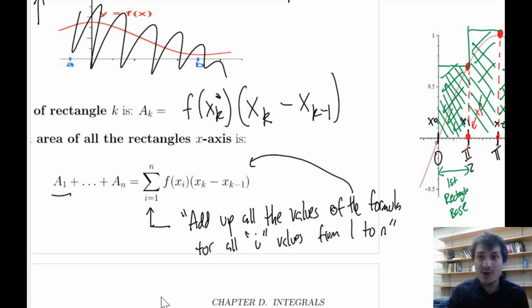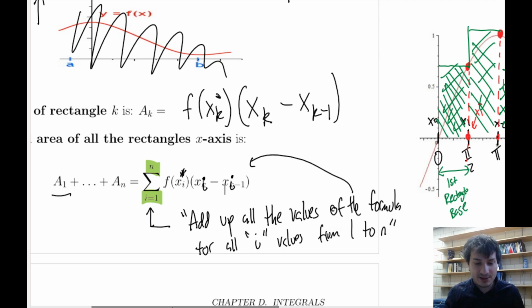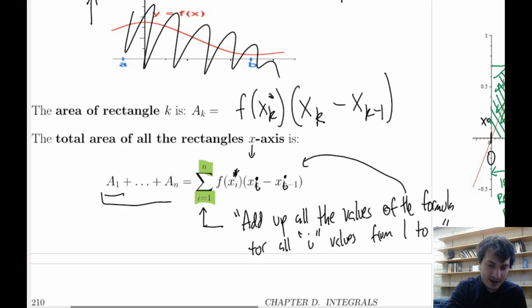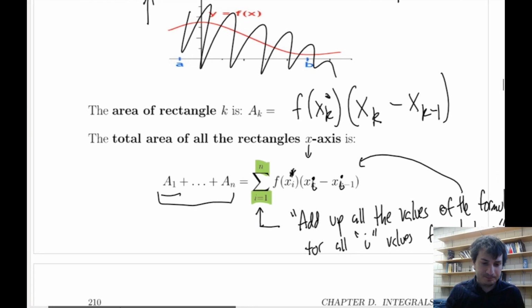So it is kind of like, if you know programming, it's like a for loop. We're looping over all the possible values that this i parameter could be, and we're adding up what's going on there. And okay, I guess in this case there's some things missing. The star is missing, and this should be xi, and this should be xi minus 1. So we're adding up all of these rectangles. We're adding up their areas. This crazy notation with the sum, it literally means exactly this. Add up the areas. That's all it means.